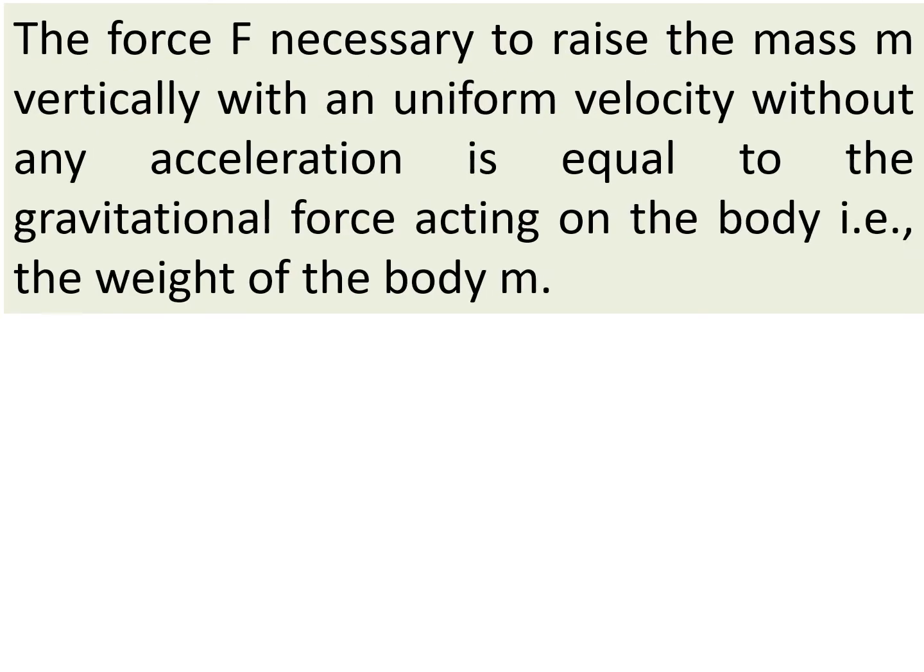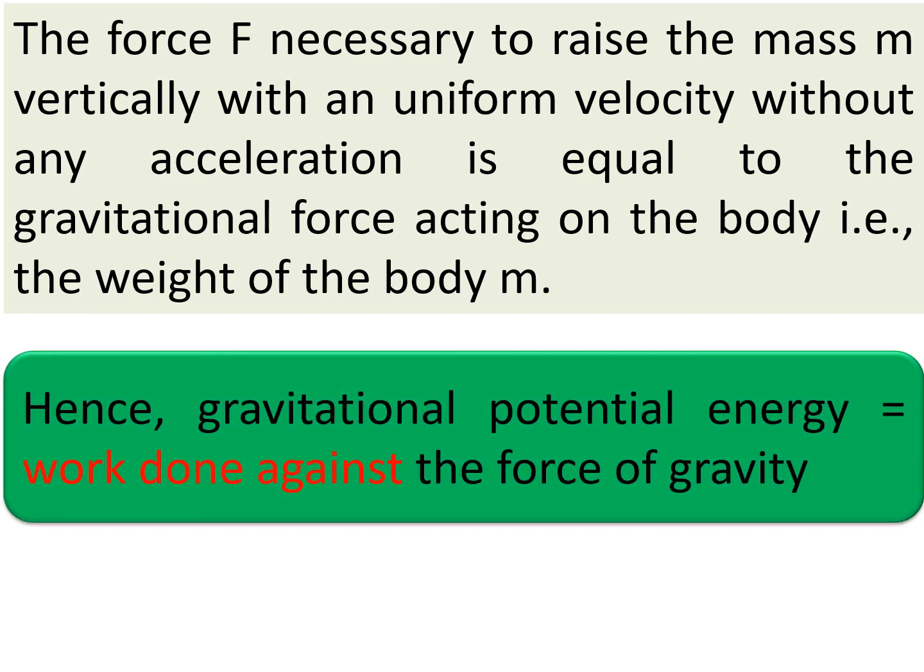Dear students, the force F necessary to raise the mass m vertically with a uniform velocity without any acceleration is equal to the gravitational force acting on the body, that is the weight of the body of mass m. So we can say gravitational potential energy equal to work done against the force of gravity.